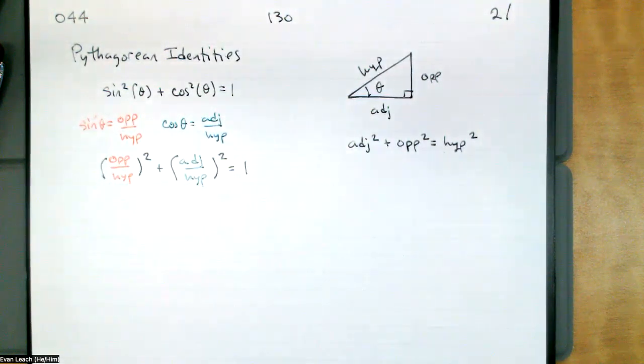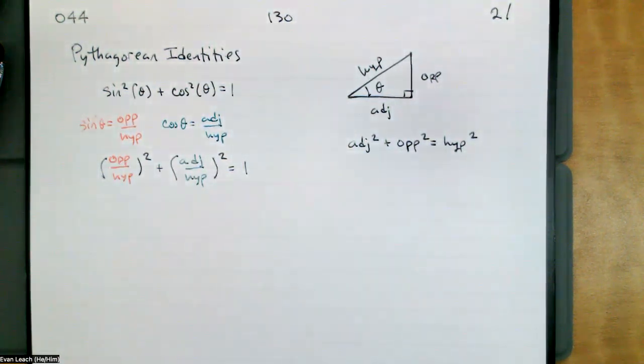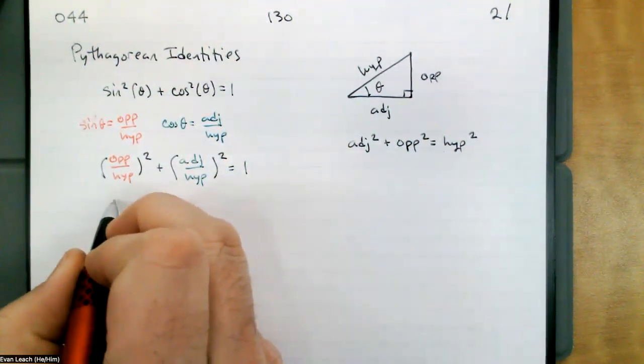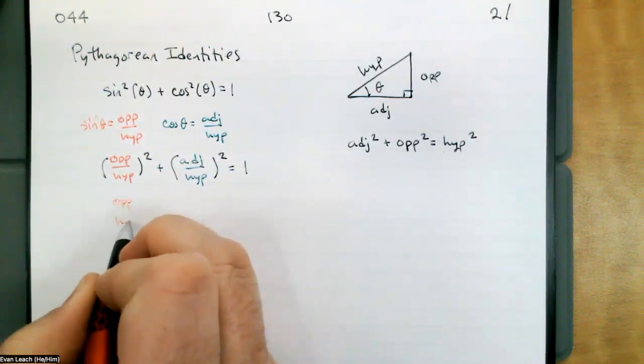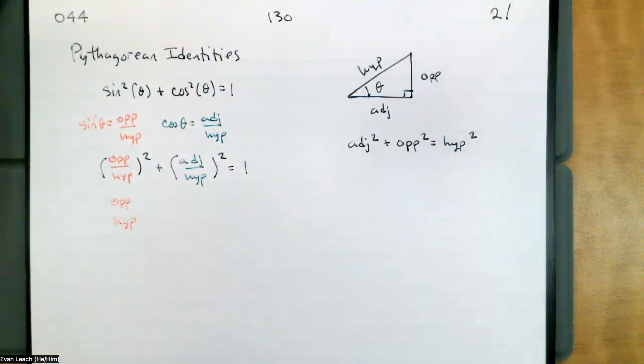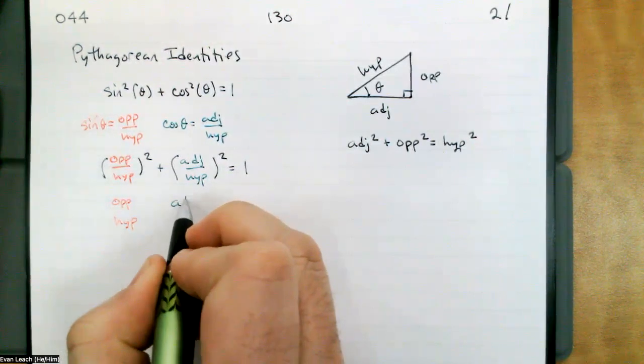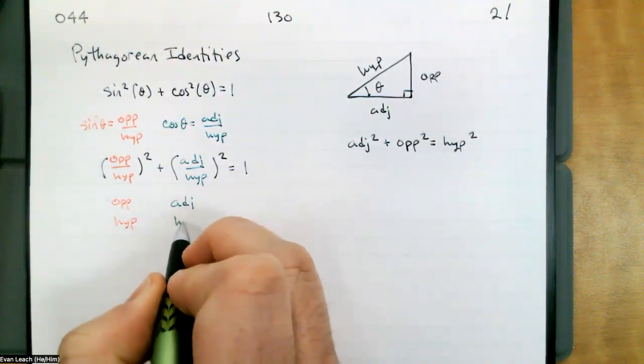If we have a fraction raised to an exponent, we can distribute the exponent over a product or a quotient. So we distribute the exponent to the fraction. So we get an opposite squared over a hypotenuse squared. Then we get an adjacent squared over a hypotenuse squared.